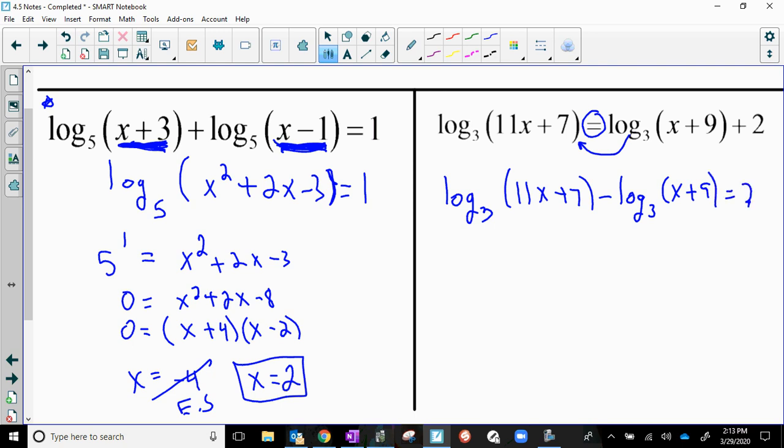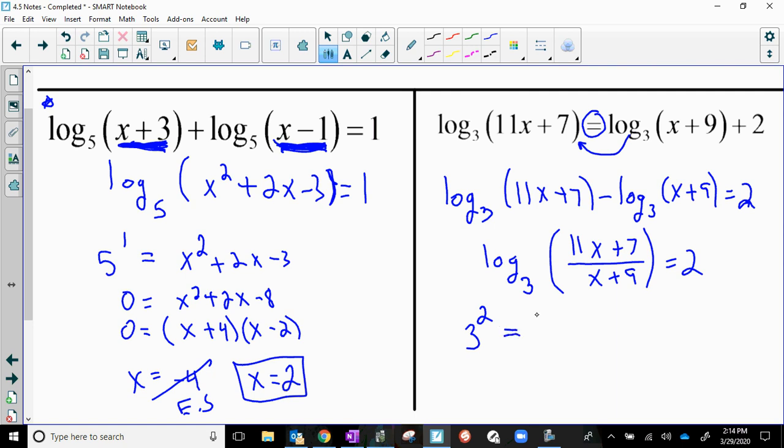When I subtract 2 logs, I can condense it to a single log by dividing the inside part from Benny. Now I have a base. There's my number. Here's my exponent. So I'm going to convert it so I can get the inside part from this logarithmic form by itself, because that's where the variable is.